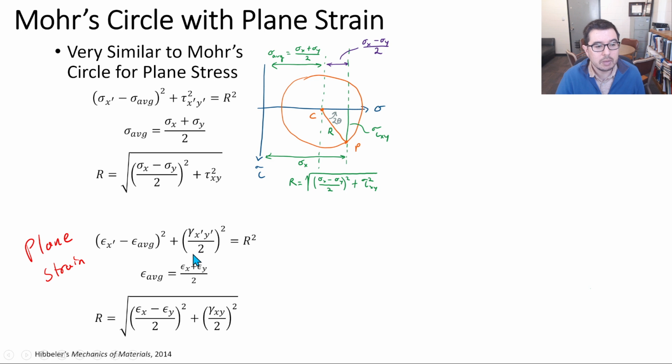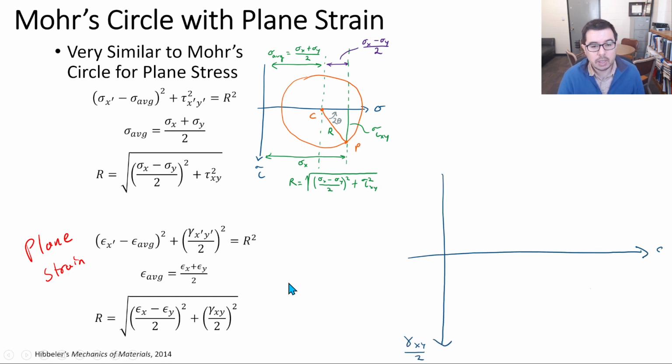And with that substitution, there's a factor of 2 that comes out in the derivations that you can take a look at either in Hibbeler's book or online. So one thing we need to keep track of when we do Mohr's circle is the factor of 1/2 that influences the depiction of shear strain. And that plays out in the axes.